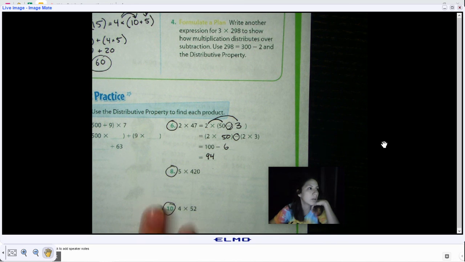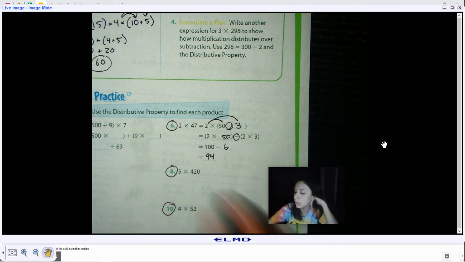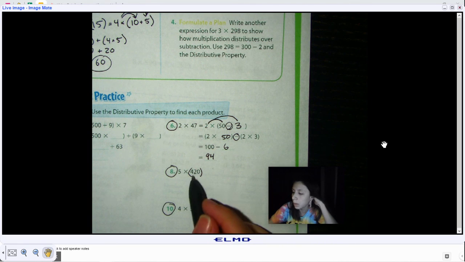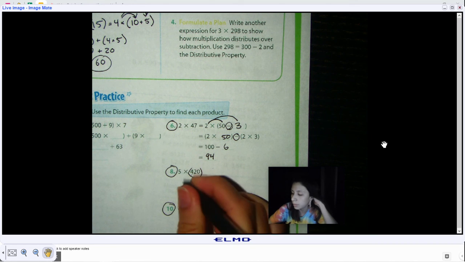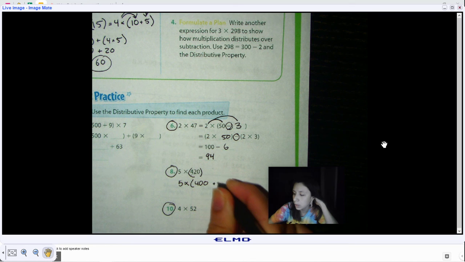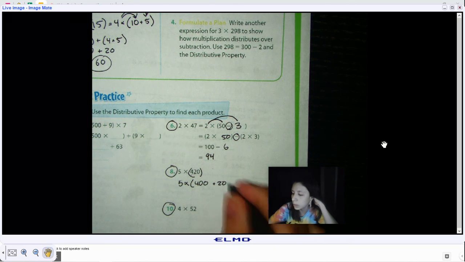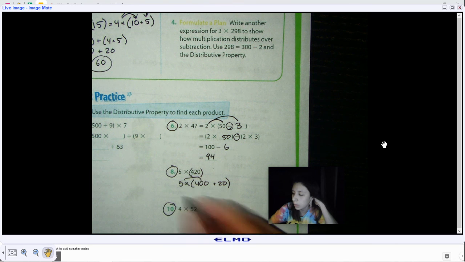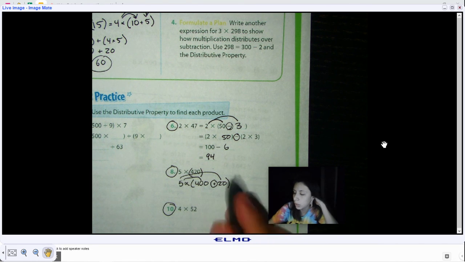Okay, now let's go ahead and do these. I like to just break it up by place value. That seems like the easiest thing to me. So I've got 5 times 420. I'm going to break this up. I'm going to do expanded form. So this is going to be 400 plus 20. So I'm going to have 5 times 400 plus 20, and I don't do any of the ones place because there's nothing in the ones place. And now I distribute. I'm going to do 5 times the 400, 5 times the 20, and remember to put a plus sign in between those since the plus sign is right there.